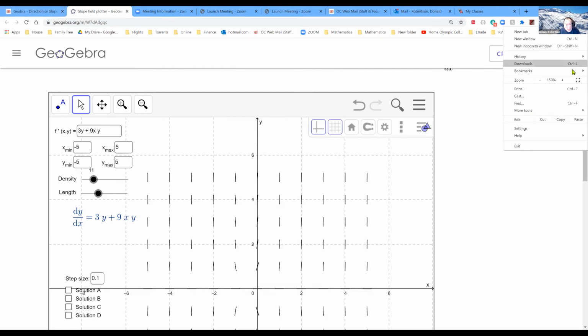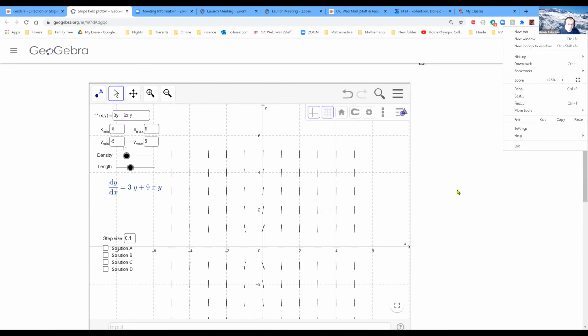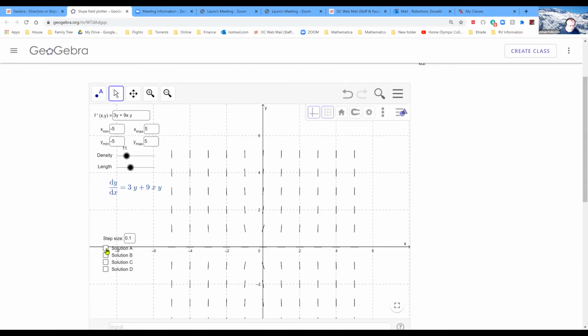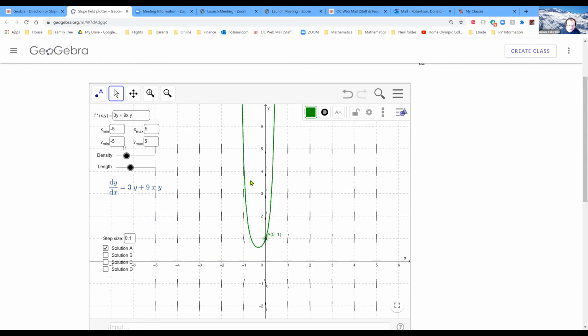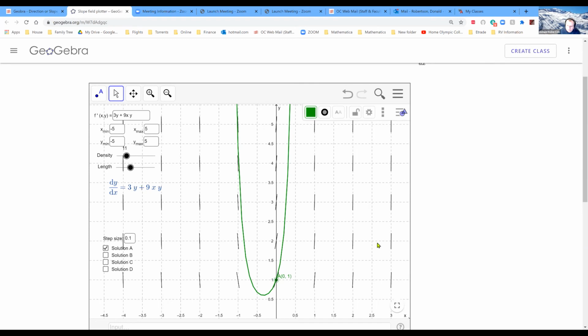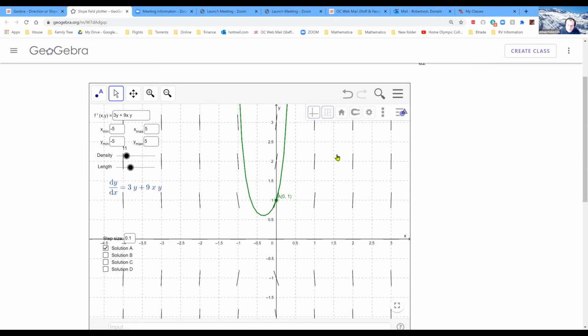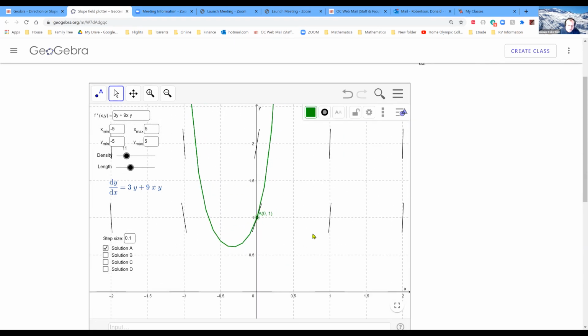Let's change the size of this. There we go. If I click on this now, I get a solution. And we want it to pass through the point (0, 1), which is here. Do you see basically a big happy face? So if I zoom in on this a little bit and move it up a little bit, you got that.